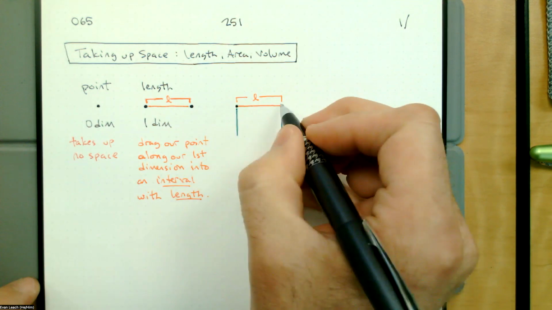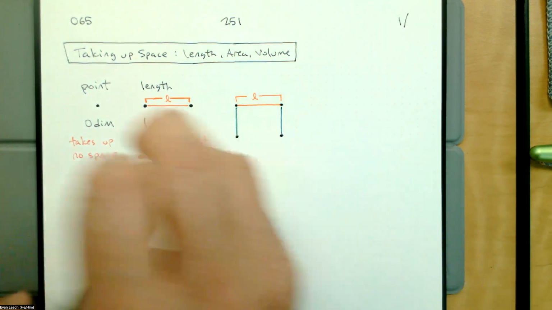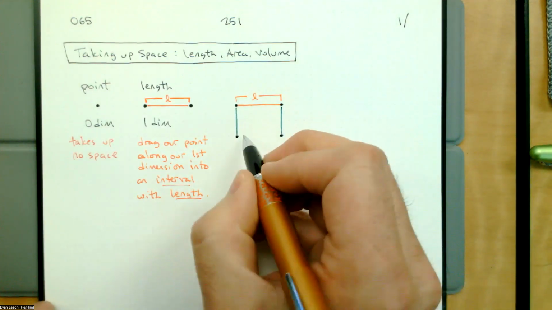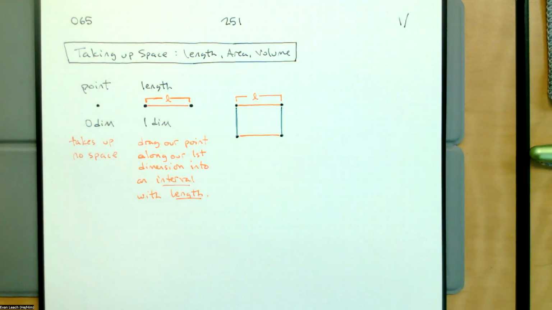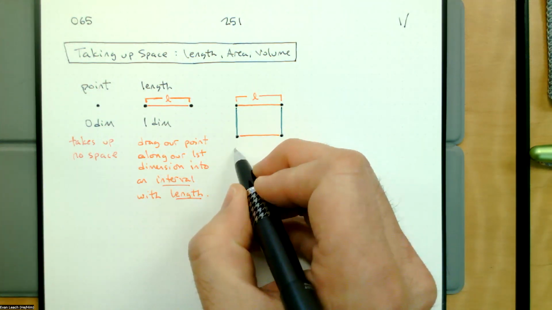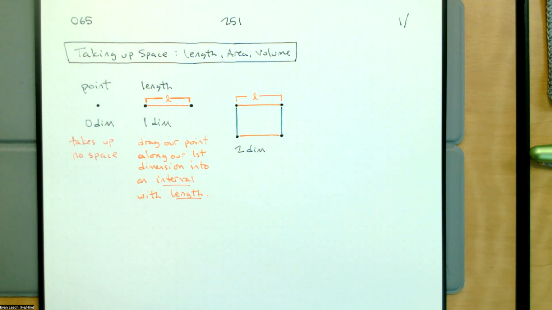So here's our original point, dragged through the first dimension over there. And here's our first line segment, dragged through the second dimension into this rectangle. Now we have a two-dimensional object, a rectangle with an area.